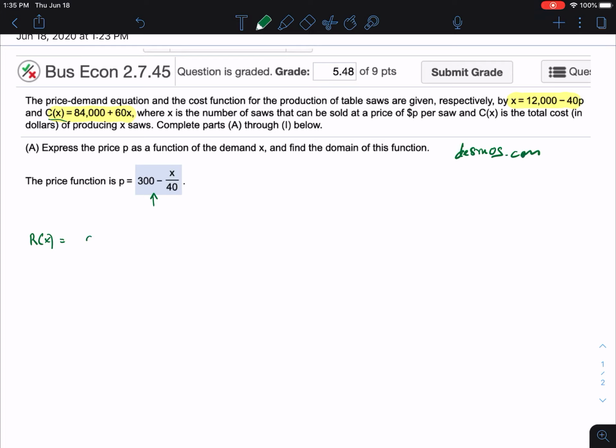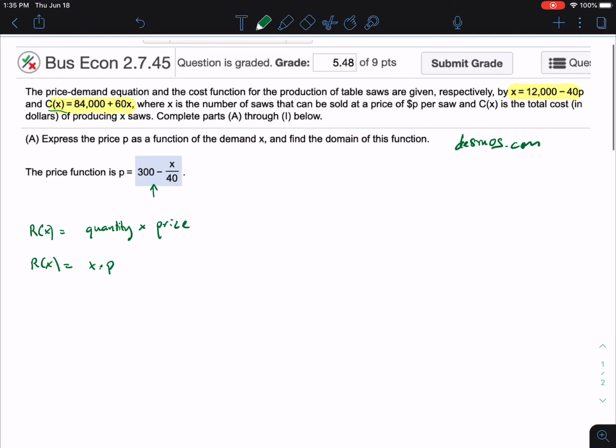So by revenue, we take quantity times price. Quantity in this class is referred to by the variable X, and price is going to be P. But P is already expressed in terms of X, so we just substitute what P is equal to.